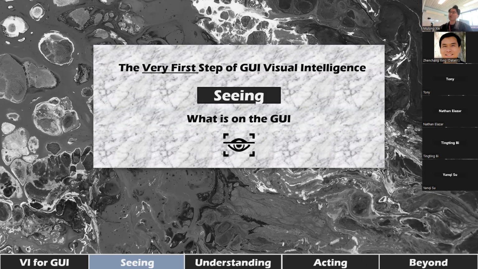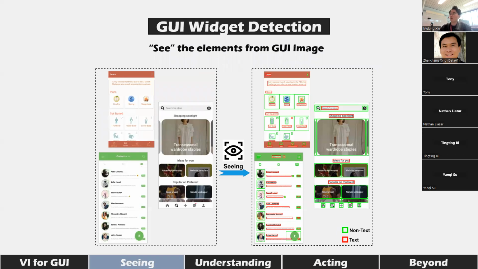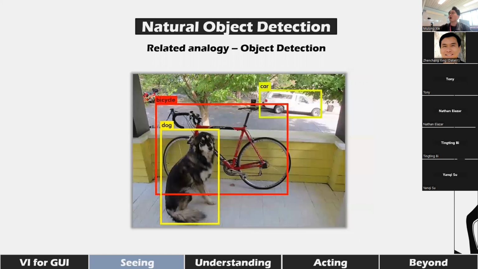After the introduction of that background, let me first introduce the very first step of GUI visual intelligence, which is saying what is on the GUI. Seeing what is on the GUI is equal to detecting the individual elements from the image. Just speaking of this task, it reminds people of a popular topic in computer vision, which is object detection.